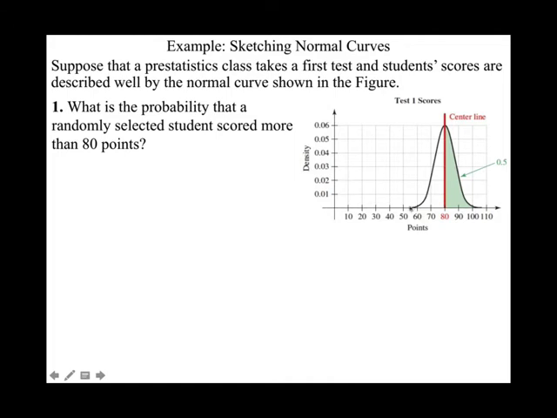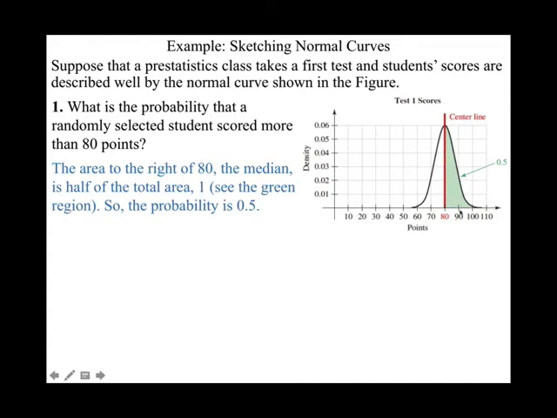And for this picture, the total area under the curve is going to be 1. And since we cut it in half, and we know this is symmetric, 1 divided by 2, you're going to get 0.5 in here. So we would say the probability to pick a student who scored more than 80 points is going to be 0.5.